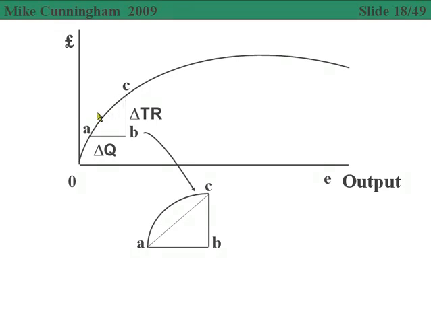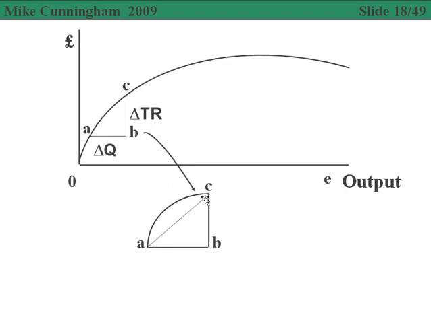So AC is a curve. However, the ratio delta total revenue, delta TR, divided by delta Q, will give us the gradient of this straight line from A to C.